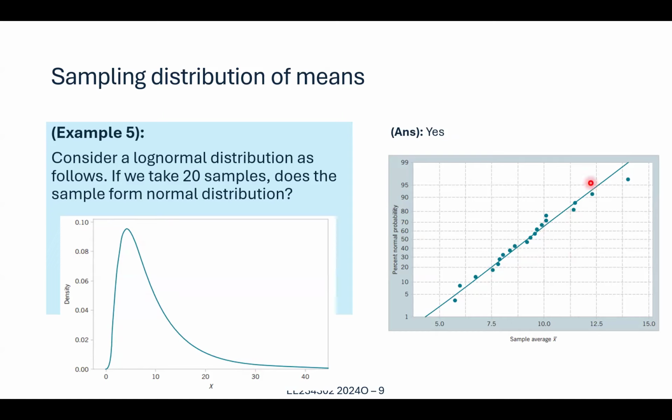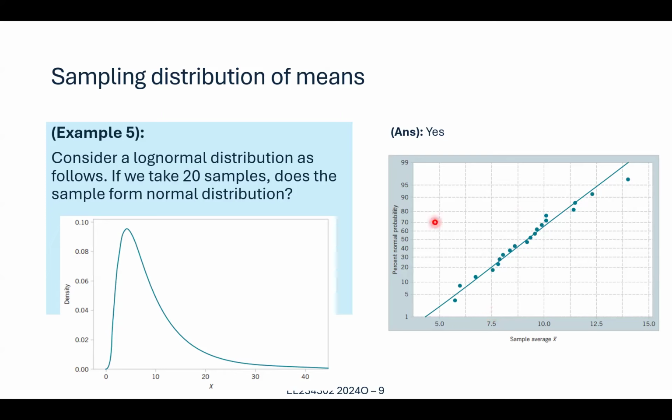Actually, I put this from the textbook. If you do the sampling with, let's say, 20 samples, say 100 times, then most of them will follow a normal distribution. I find that interesting.